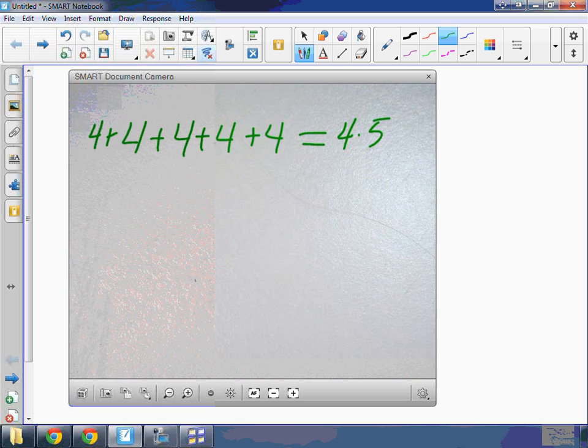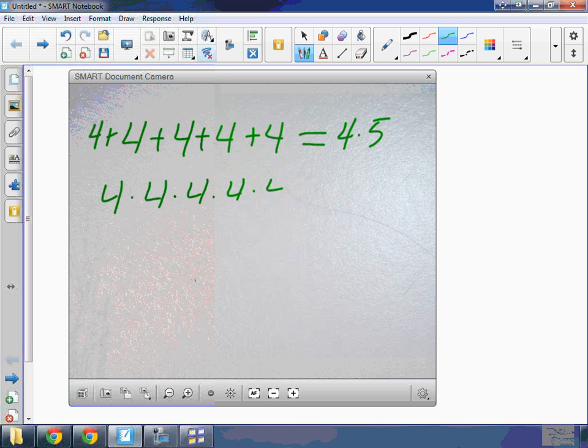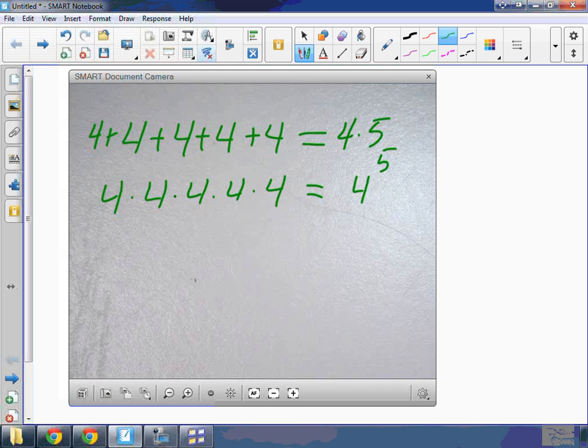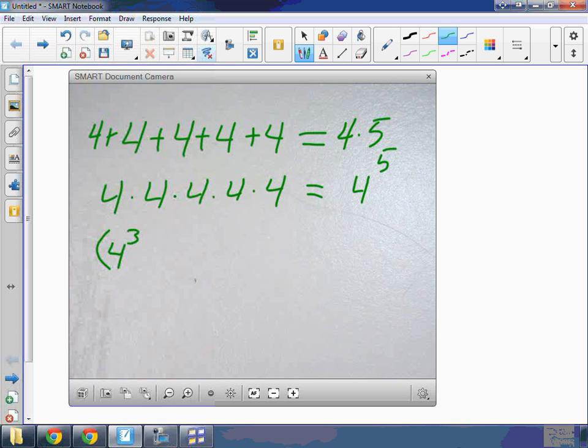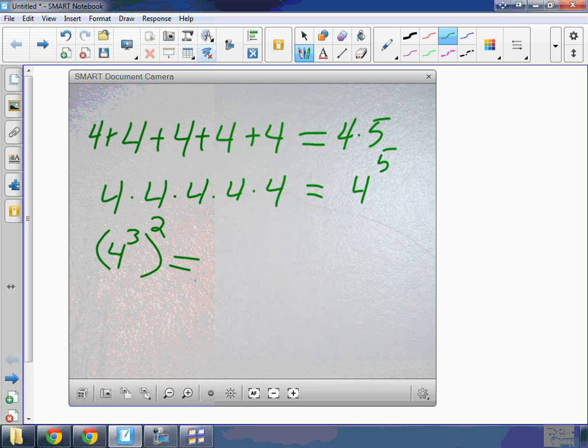But what about 4 times 4 times 4 times 4 times 4? 4 to the fifth. My base is 4, but I have 5 versions of them. Okay, what if I did 4 to the third squared? What is that?